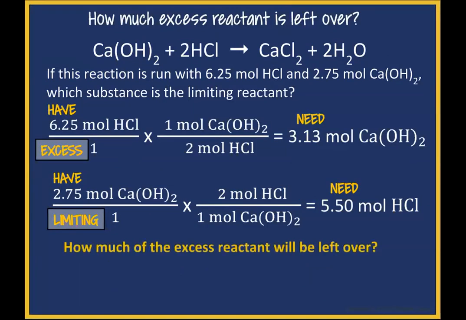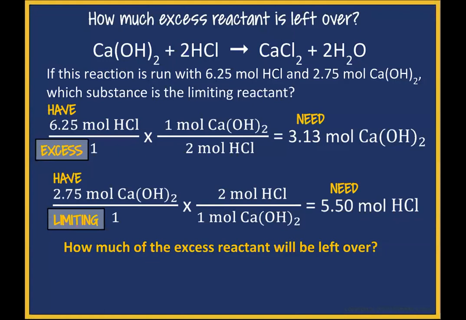Okay, how much excess reactant is left over? This all right here is exactly what was on the slide before. This isn't anything new. This is just a repeat of the slide with some of those circles taken away. Okay, what we have, what we need. We figured out that HCl was the excess.